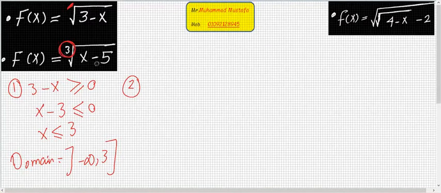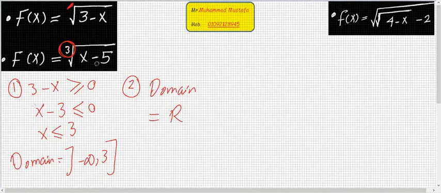If the index of the root is odd, we find that the domain equals R, because if you want to calculate the cubic root of any expression, if the value under the cubic root is positive, we have a value. If negative, we also have a value. If 0, we have a value. So if the index is odd, the domain is always equal to R if the cubic root is in the numerator.